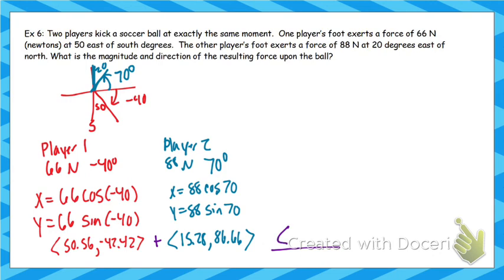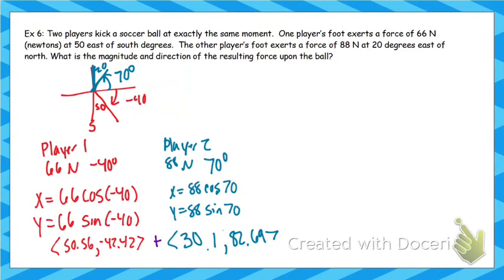Before I go too far here, I realized I typed this in wrong, so let me adjust that. 88 cosine 70 is going to be 30.1. And then 88 sine 70 is going to be 82.69. So those are my component forms. Sorry about that. So now let's go ahead and add those together.